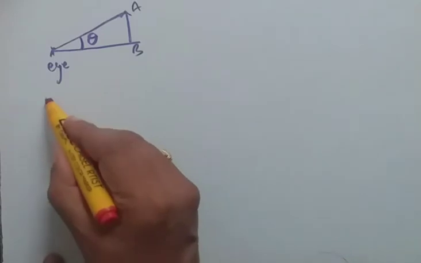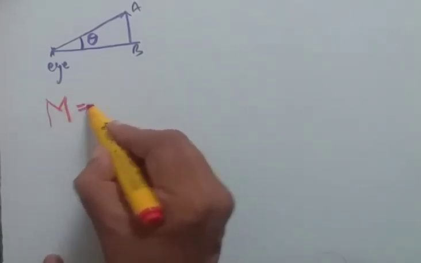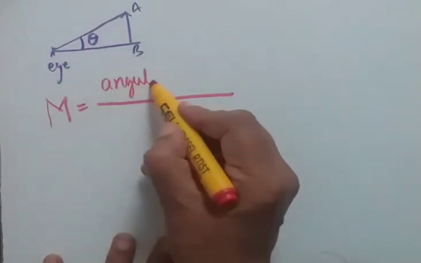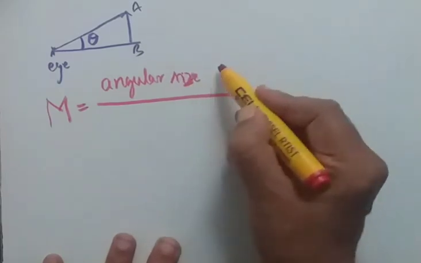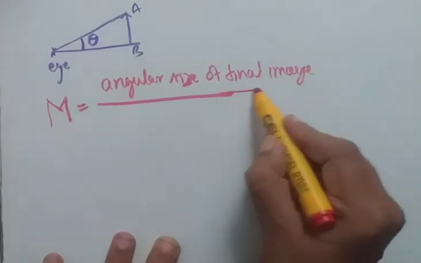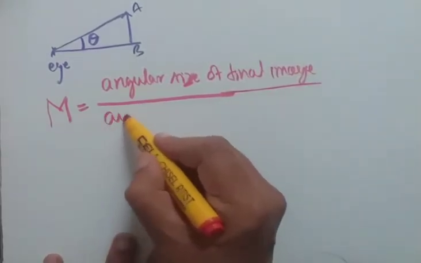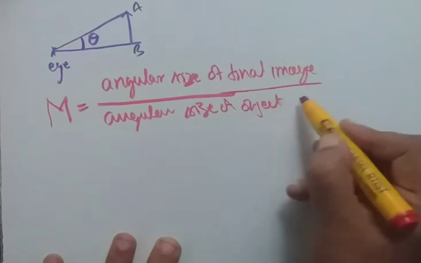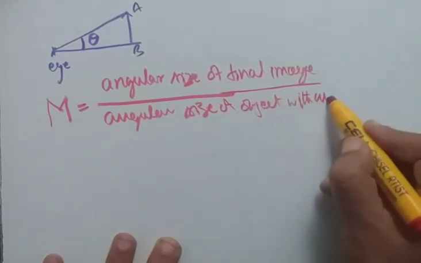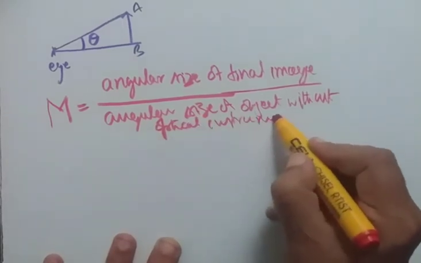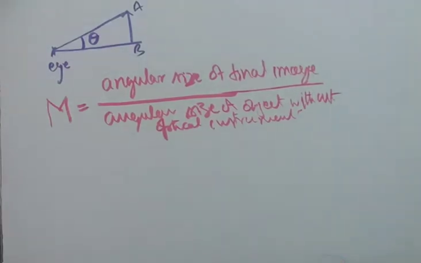Say angular magnification is denoted by capital M. It is defined as the ratio of the angular size of the final image of the object in the optical instrument to the angular size of the object without optical instrument. This is the definition for magnifying power or angular magnification, what we write as capital M there.